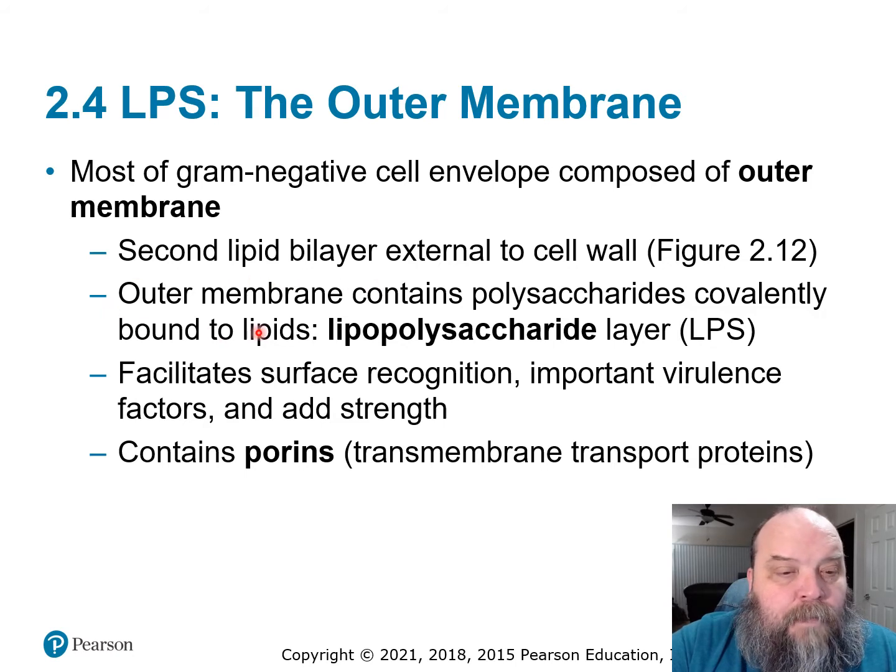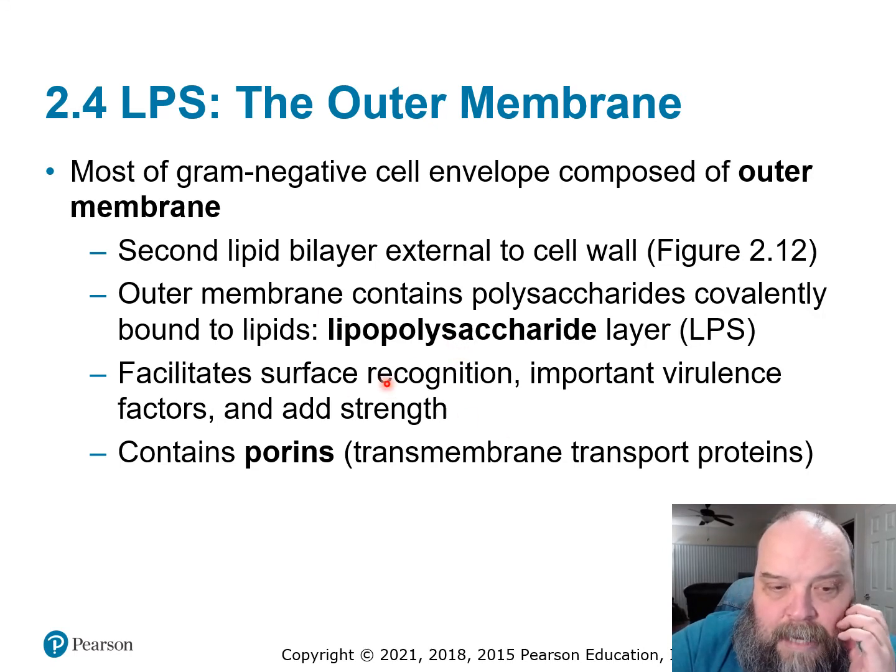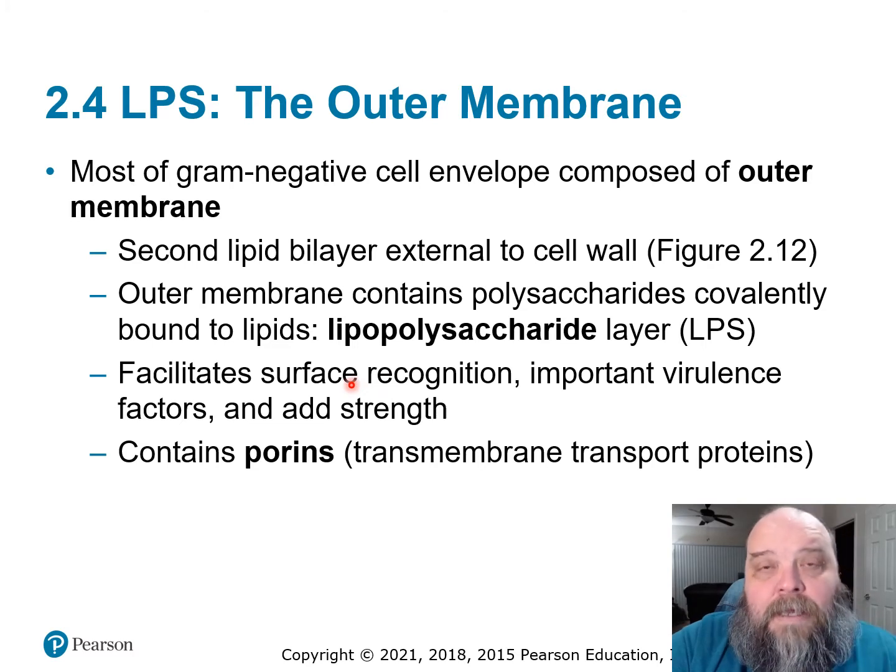This outer membrane is going to contain a polysaccharide referred to as lipopolysaccharide. It'll be referenced by the acronym in many places as LPS. These lipopolysaccharides are used by these gram-negative bacteria for surface recognition, importing virulence factors, pulling stuff in, adding strength to the cell.